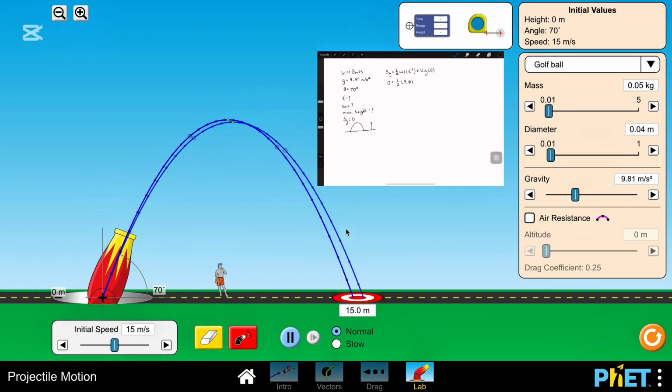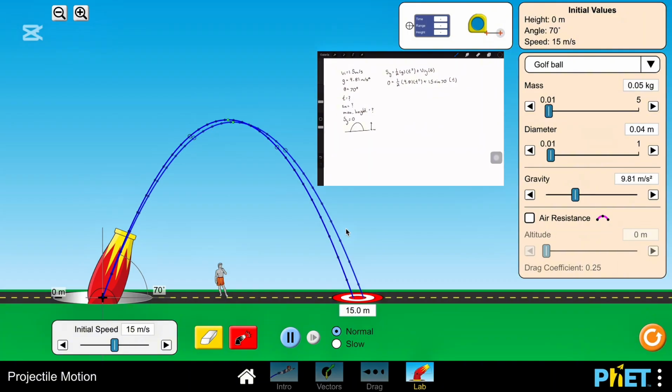Okay, we're looking for time right here, and time can't be negative. That's why we're using the value of gravity as it is. And then the variable t squared plus the initial velocity, that is 15 sine of 70, as it is a vector, times t. Okay, it's looking good.